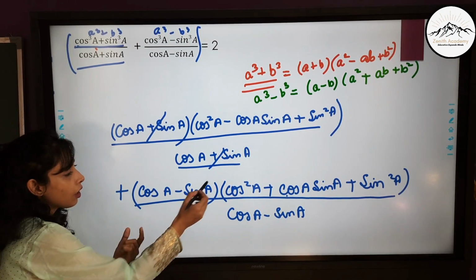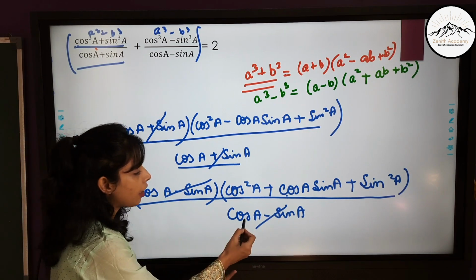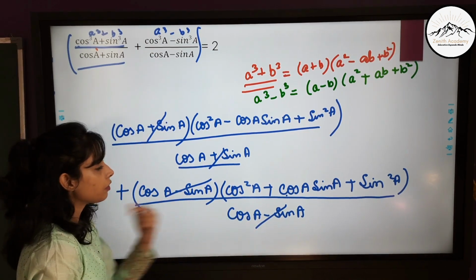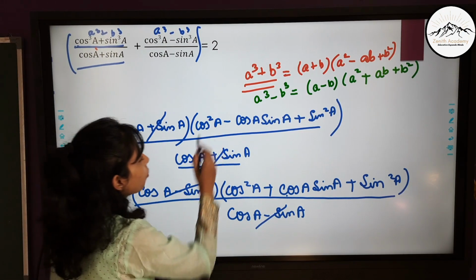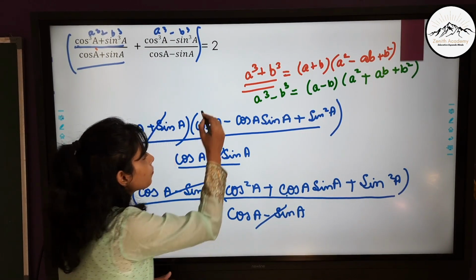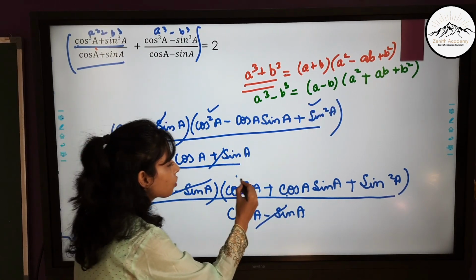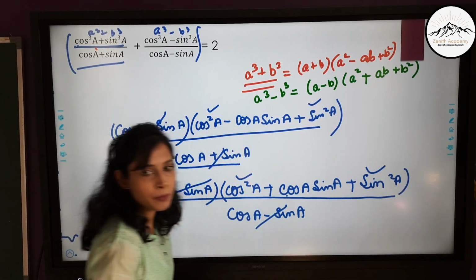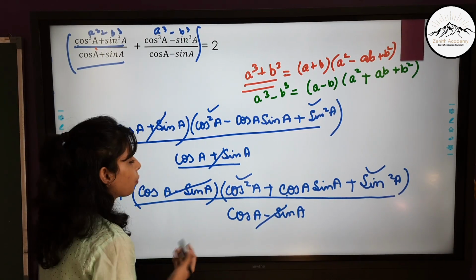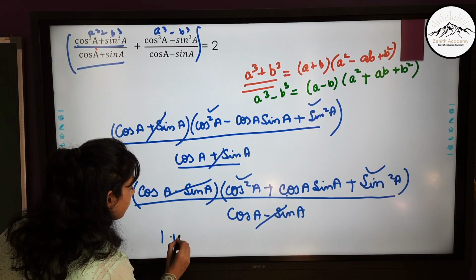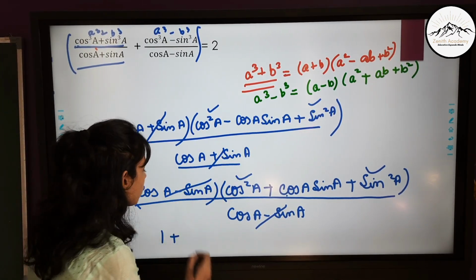Now in the same way, cos a minus sin a will cut, and cos a minus sin a will get cut. So now in both these terms we see cos square a plus sin square a. Here also cos square a plus sin square a, and we know sin square a plus cos square a is equal to 1. So 1 minus cos a sin a.